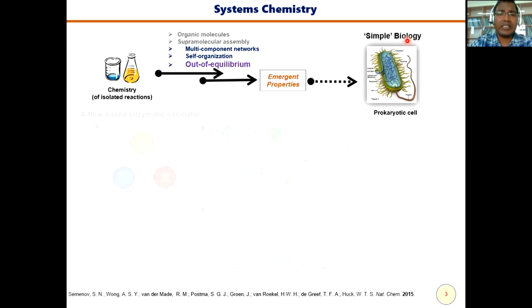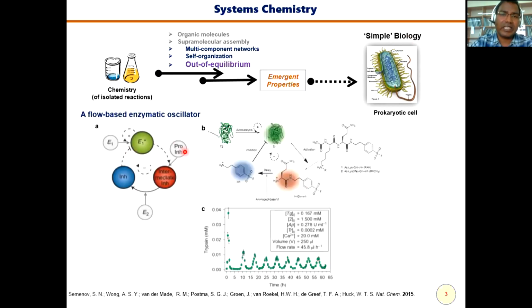In a recent report from Professor Huck's group, they designed a flow-based oscillating network, where they combined time-delayed negative feedback with short positive feedback, and it gives the oscillating network.